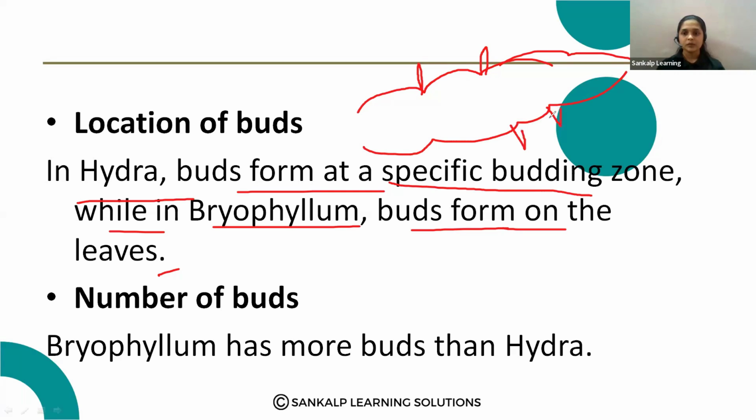And they are more in number compared to the buds in Hydra. The buds in Bryophyllum leaf are more, and in Hydra they are fewer, and budding takes place at a particular place. In the leaves, at the notches of the leaves, the buds are located. Write down the answer.